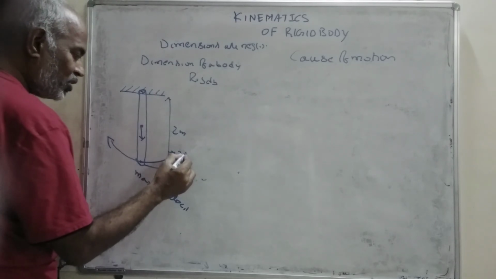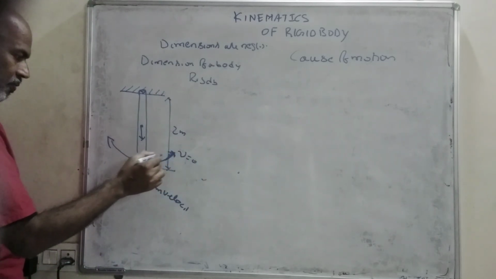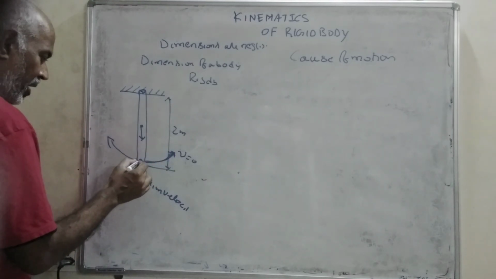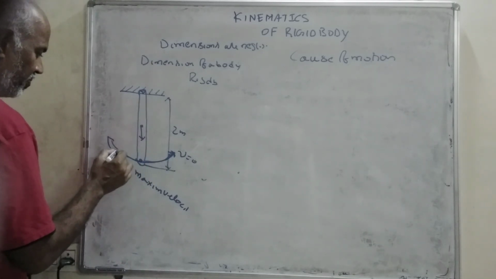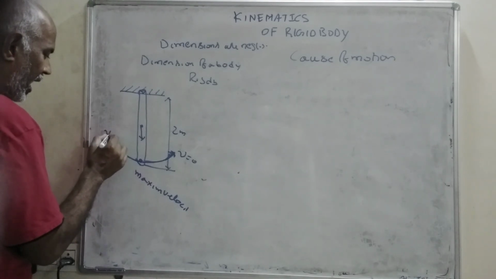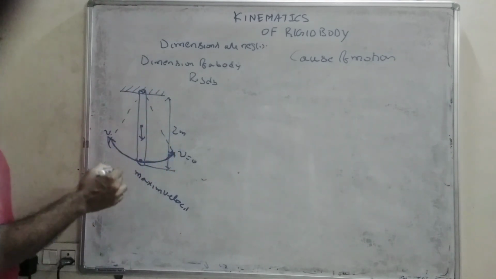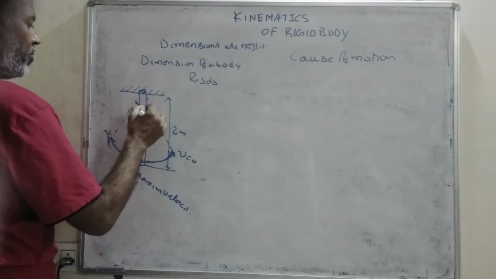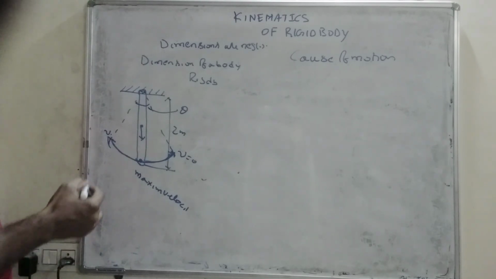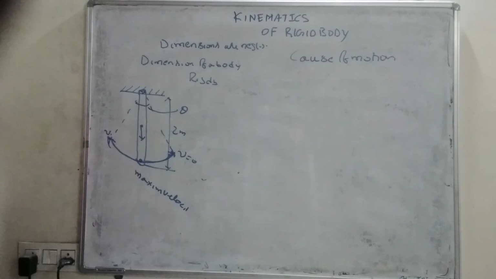Here the velocity becomes 0 and it comes back from here, and the velocity keeps on increasing and becomes maximum. With this velocity it goes to this side and has maximum velocity here. So, swinging over an angle of theta, here it has 0 velocity and the maximum velocity is here.